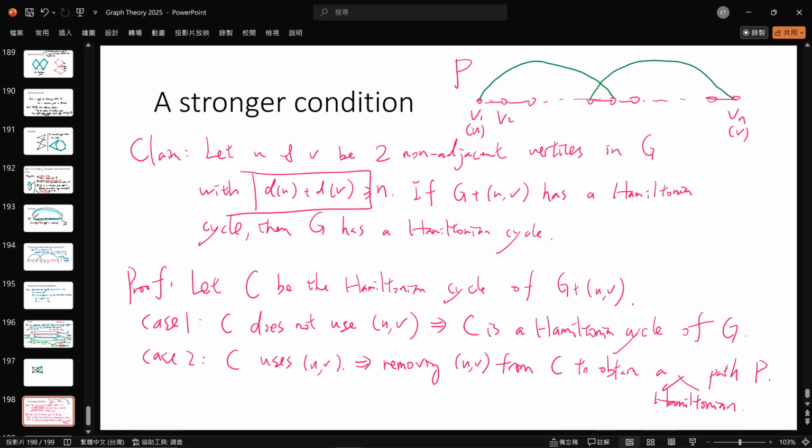And we can use these crossing edges to build the Hamiltonian cycle.